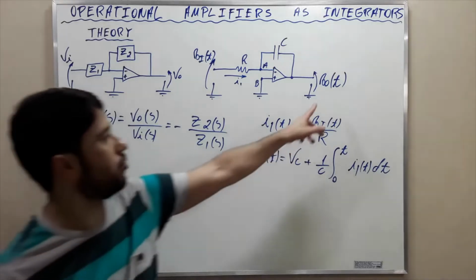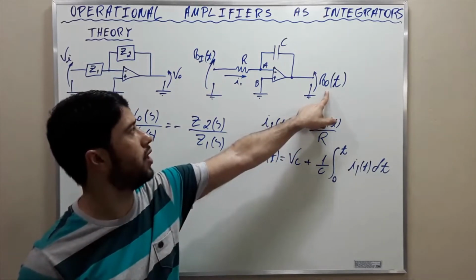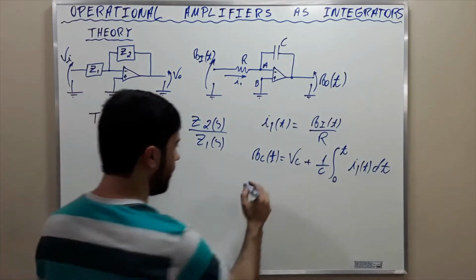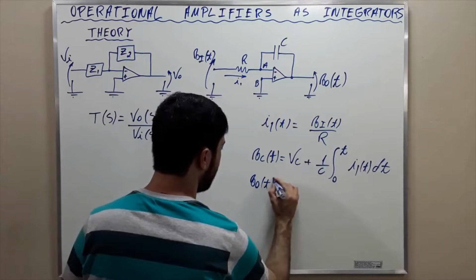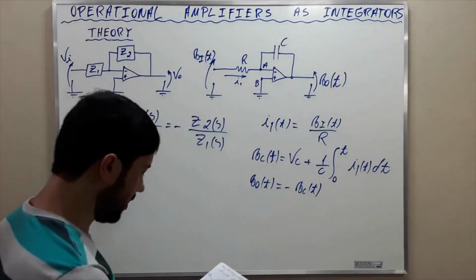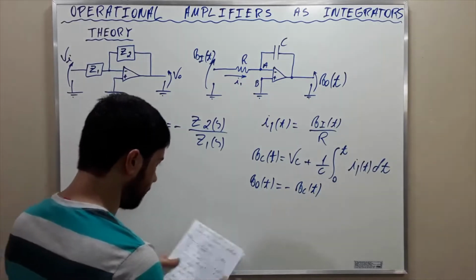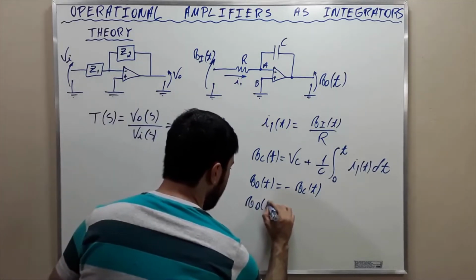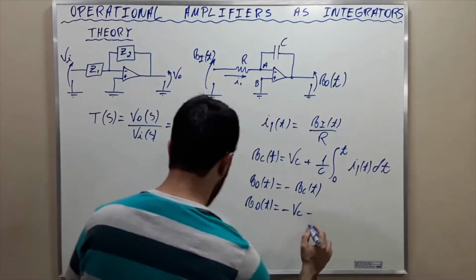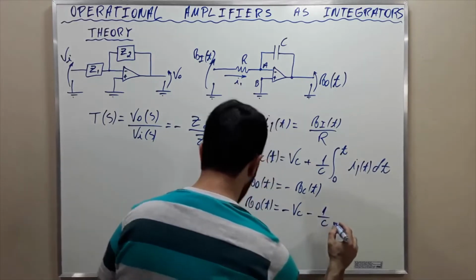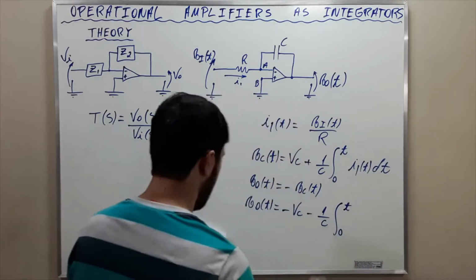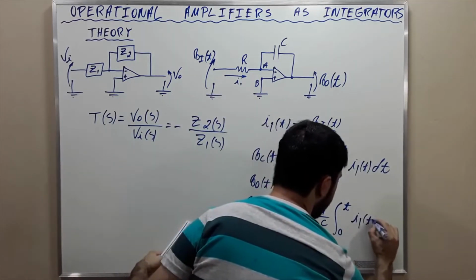And as V0 here, the output voltage, is the negative of the voltage across the capacitor, as V0 of t is equal to the negative of Vc of t, then we find that V0 of t is equal to the negative of Vc minus 1 over C, the integral from 0 to t of I1 of t dt.